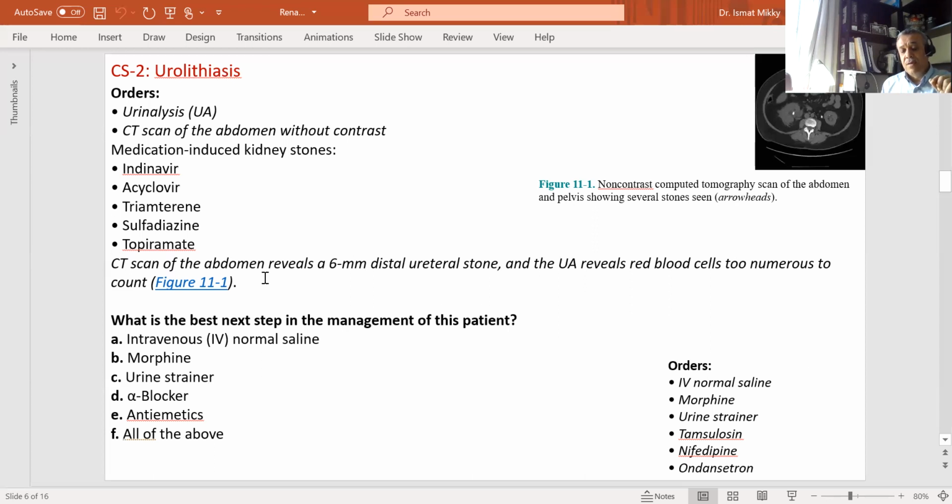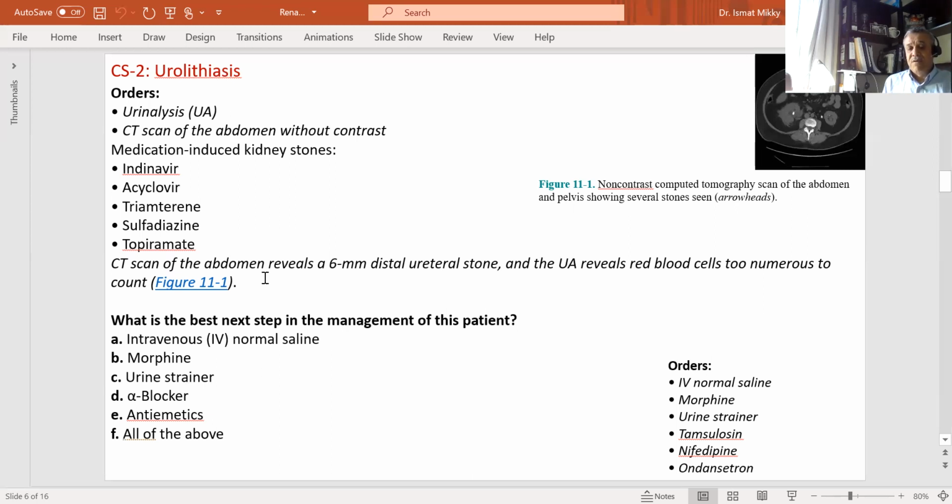So there is another step, which is very important, which is a urine strainer that is needed to find the stone after passage and analyze it for the composition or makeup of that stone. It is one of the very significant steps that we encourage patients, once they have been diagnosed or confirmed to have kidney stones and they start taking the fluids and the medications, and prior to the stone being passed through the urethra, to strain the urine.